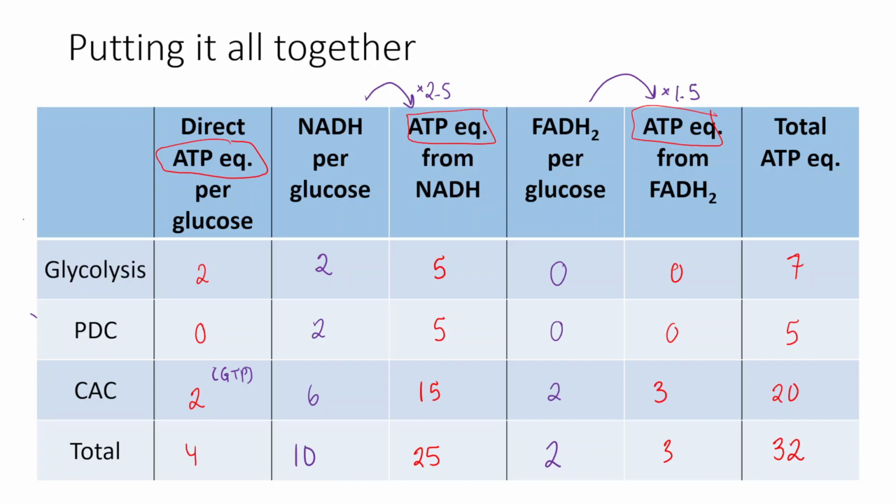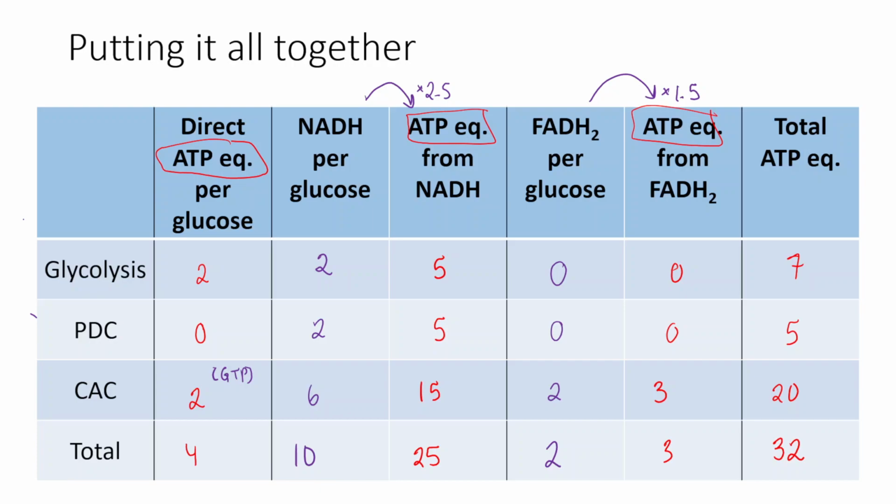If you do it this way, you get 32. That's what I care about. But if you have other textbooks or look at other sources, you might see slightly different numbers. And I just want to emphasize you should be able to do this on the exam with these numbers. Does anybody have any questions?